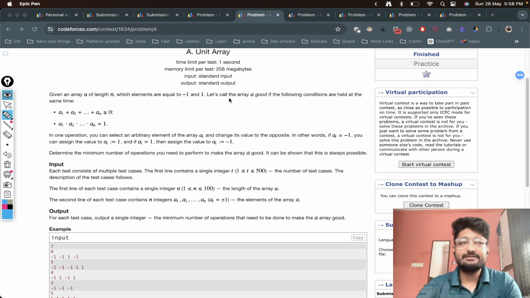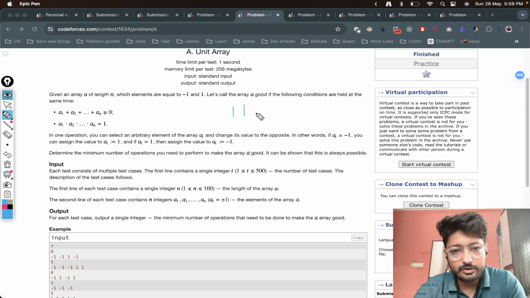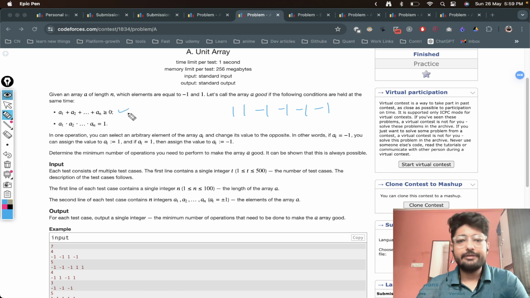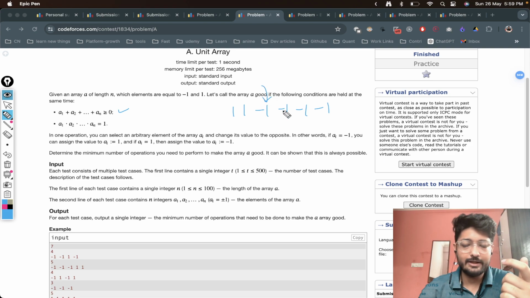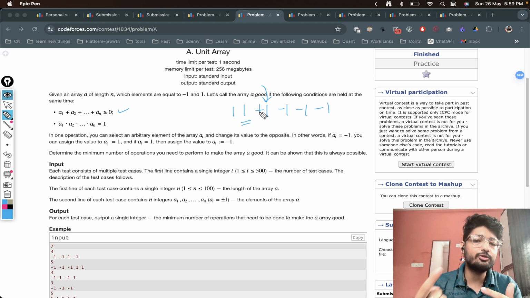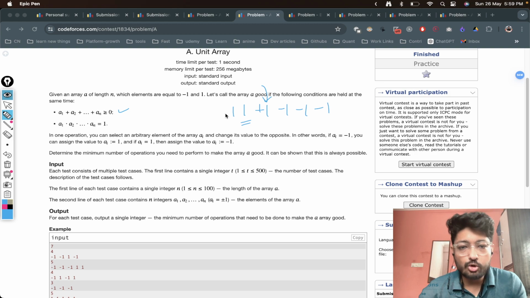Let's say there are two ones and four minus ones. Then we have to first somehow satisfy the sum condition. Let's say I try to make ones greater than minus ones, which means I have to flip some -1 to 1. At every flip of -1 to 1, the total sum of the array increases by 2.